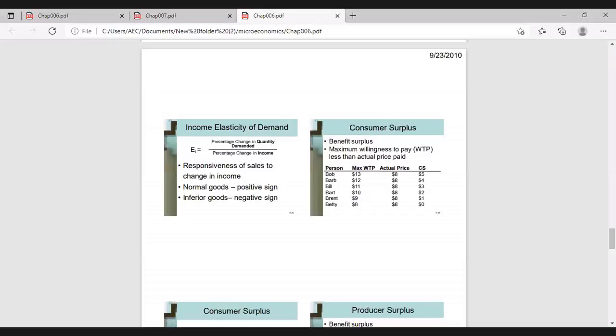So the bus became an inferior good in the USA. Like that, when the income increases, some goods become inferior goods.